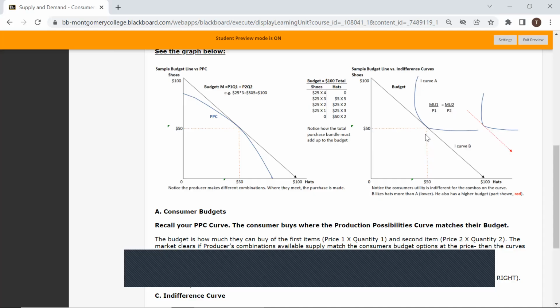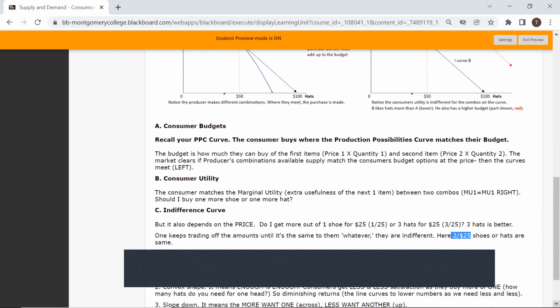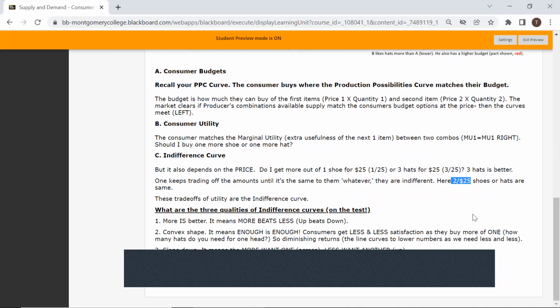So that's assuming that 1 shoe, 1 hat gives you 1 unit of usefulness. You may love hats, and then hats may be 3 times more useful. That's a different situation. Here we're saying a hat or a shoe is the same usefulness to you in this example, to keep it simple.